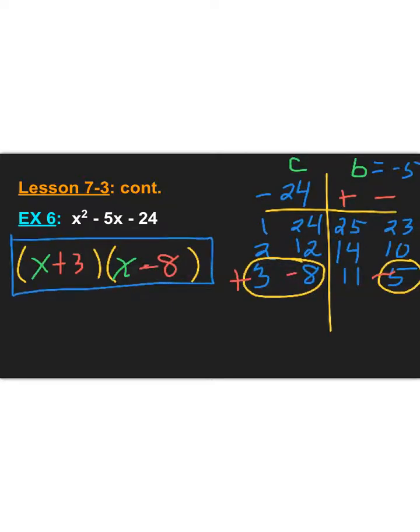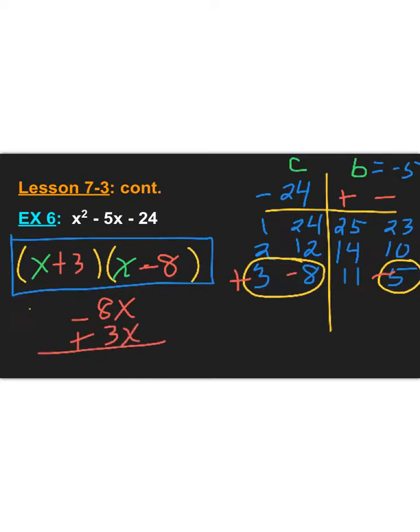I am going to multiply it to double check. So x times x is x squared. x times -8 is going to give us a -8x. And then distribute the 3. 3 times x is going to give us a positive 3x.